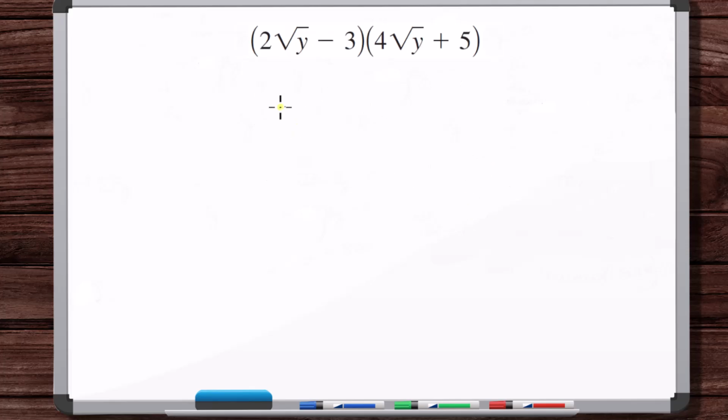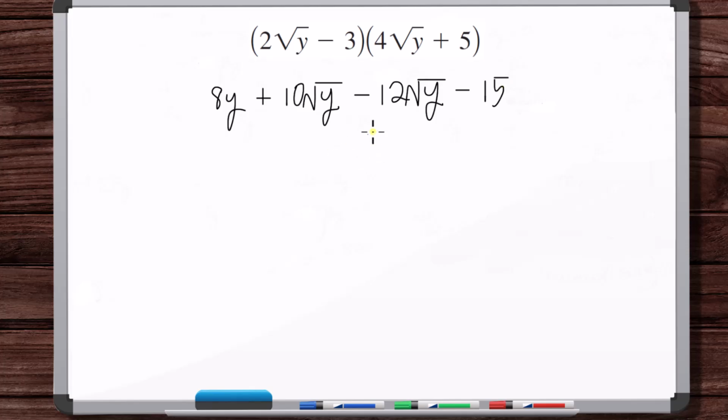Let's just distribute. 2 times 4 is 8. Root y times root y is y. 2 root y times 5 gives 10 root y, minus 12 root y, minus 15. So 8y now, minus 2 root y, minus 15. There we go.